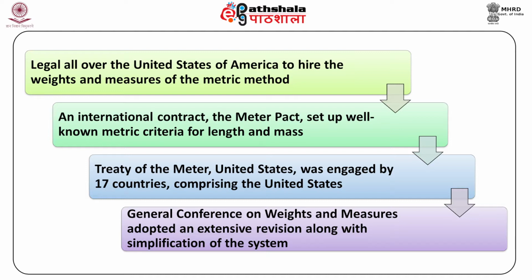The General Conference on Weights and Measures in 1960 adopted an extensive revision along with simplification of the system. Seven base units were established: the meter to measure length, the kilogram to measure mass, the second to measure time, the ampere to measure electric current, the Kelvin to measure thermodynamic temperature, the mole to measure amount of substance, and the candela to measure luminous intensity.